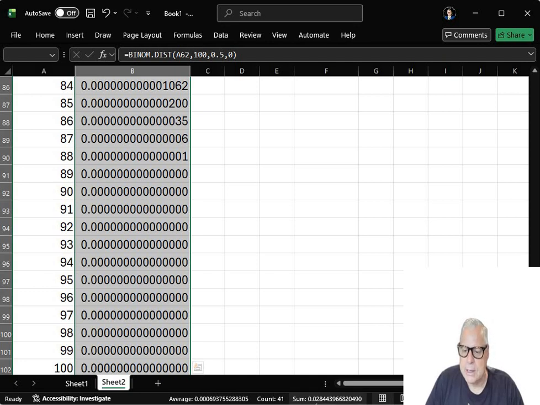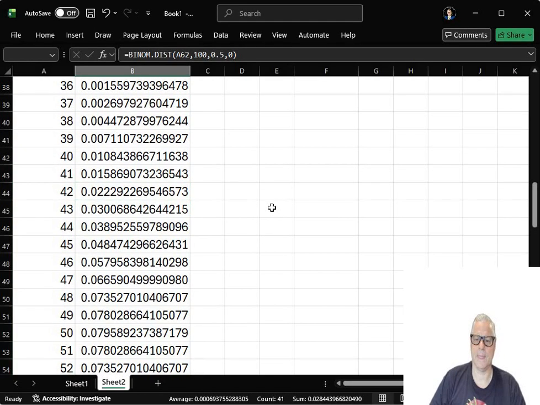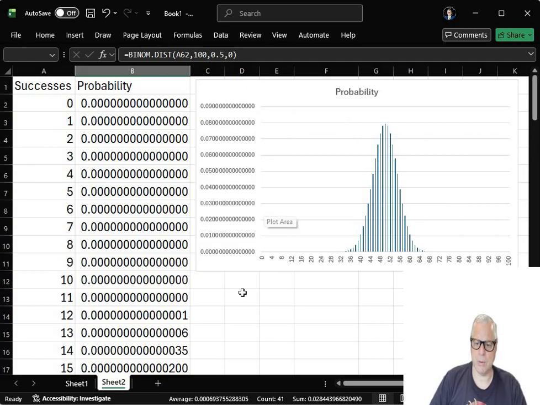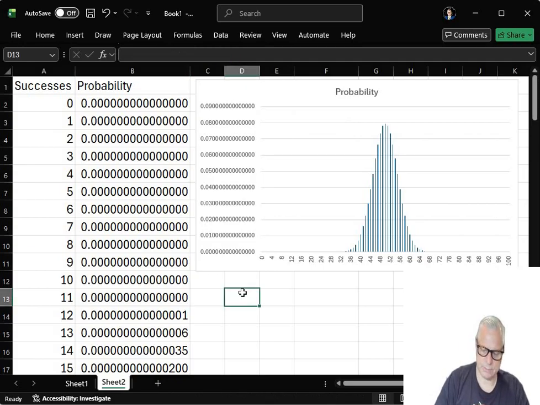So the probability is 0.0284. Okay. So to be more accurate, let's just say here, the probability that we get successes of 60 or more.